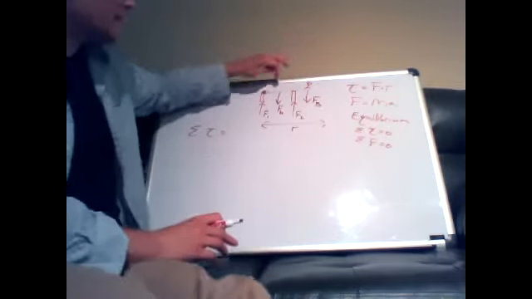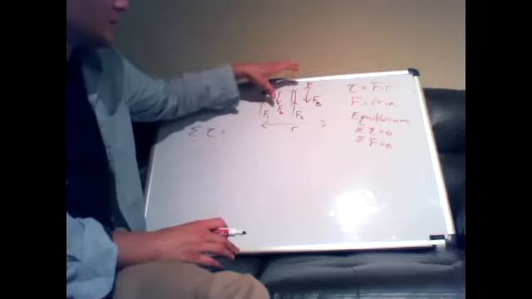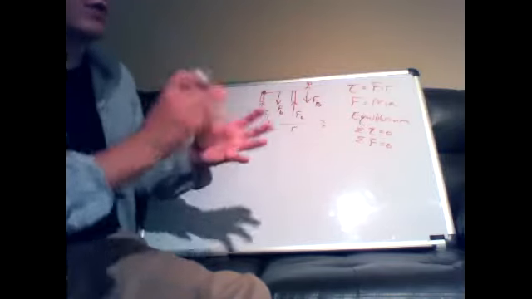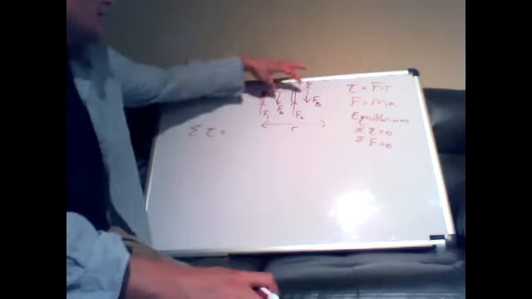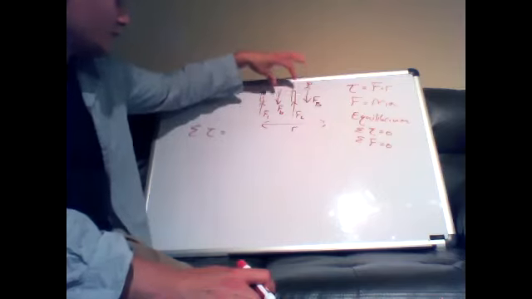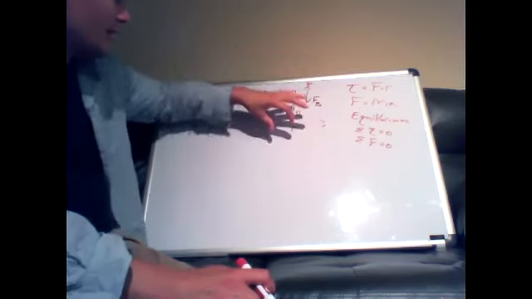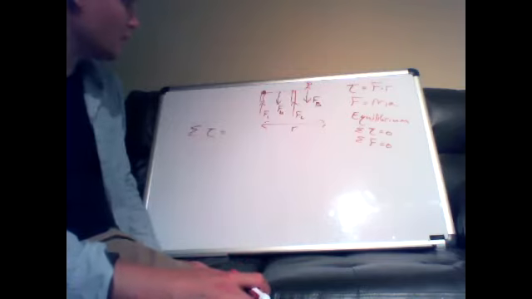I do that because it makes more sense for this problem, but I can choose whichever way I want to be positive and negative. It doesn't matter, you'll get the same answer. Because our weights point down and are normally negative, I'm just going to keep that same convention here for torque.